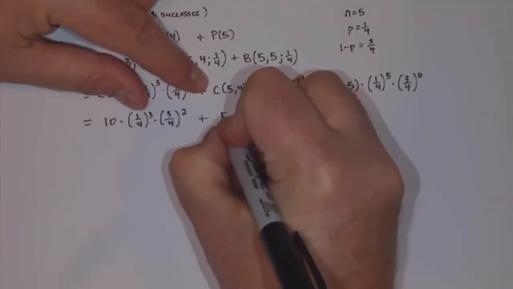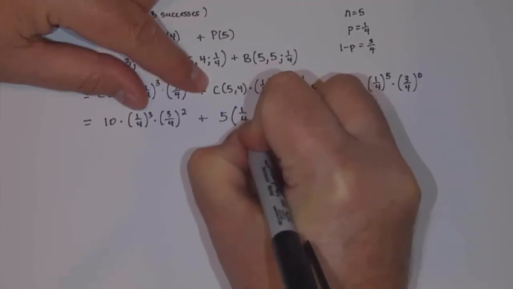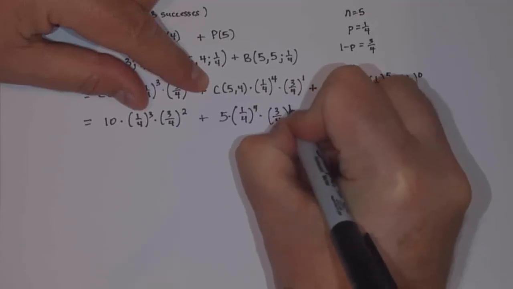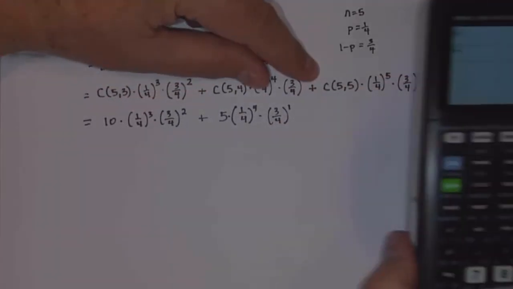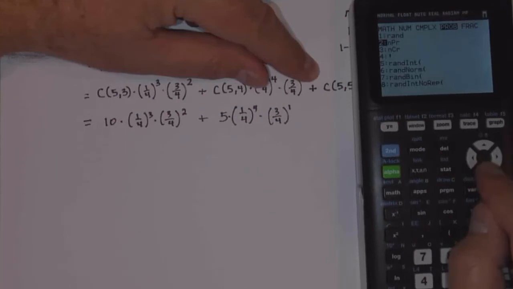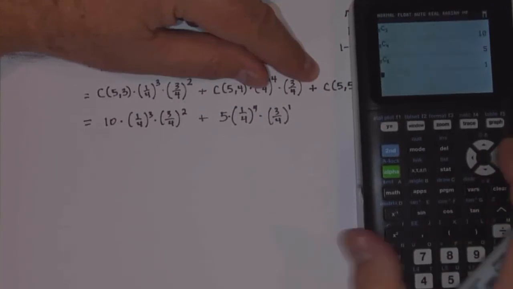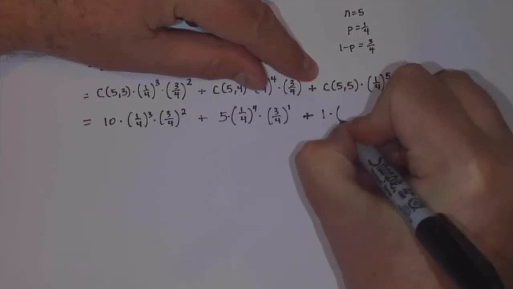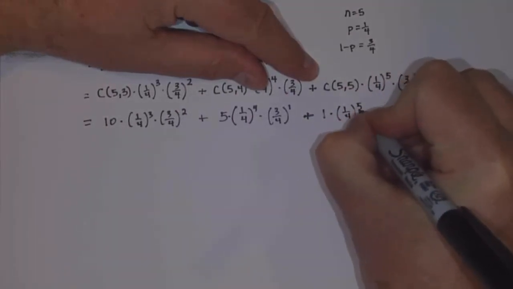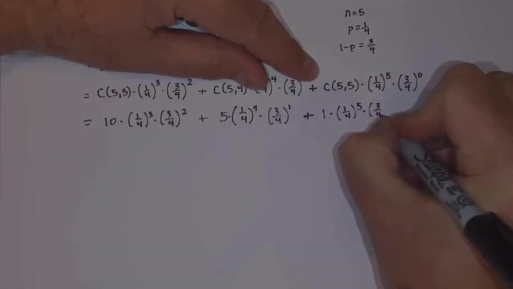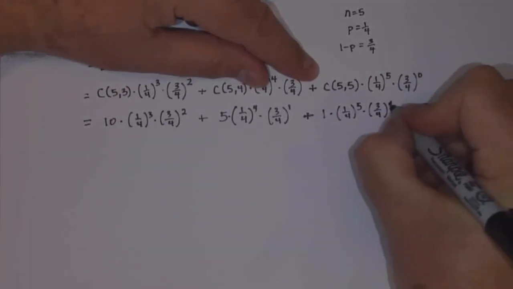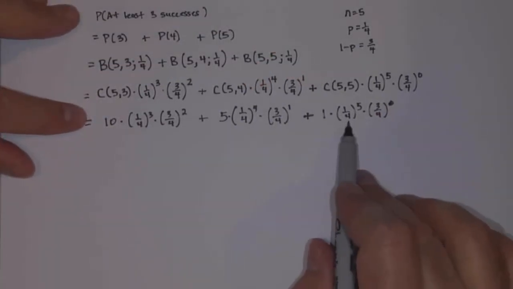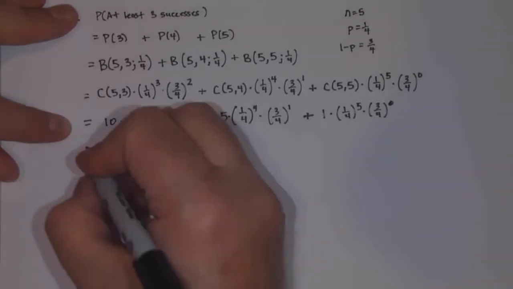So this is 5 times 1/4 to the 4th power times 3/4 to the 1st power. And then the combination of 5 choose 5 is 1. So that is 1 times 1/4 to the 5th power times 3/4 to the 0 power. And incidentally, 3/4 to the 0 power is 1. So we really just have 1/4 to the 5th power right there.